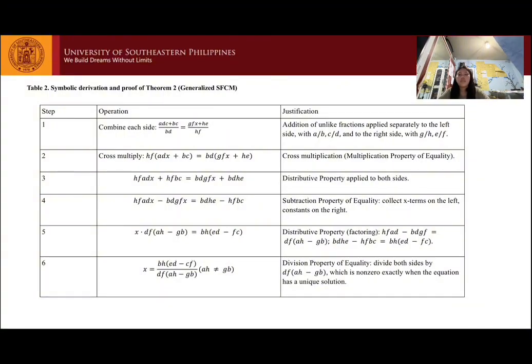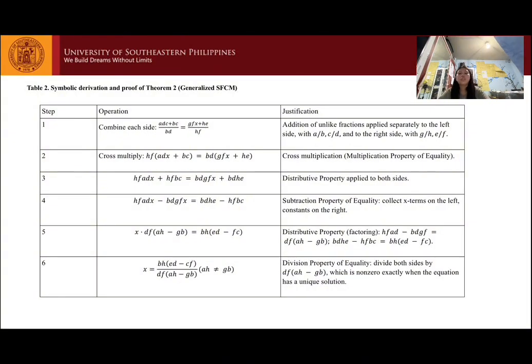And as for step 4, we gather the x terms. Using the subtraction property of equality, all terms containing x are moved to one side, while all constant terms are moved to the opposite side. And for step 5, factor the variable. In this step, we factor out the variable x.